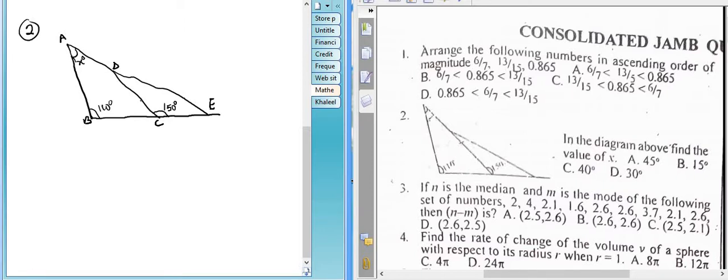So we want to find this one right here. Let's call it y. So y is 180 minus 150. y is exactly equal to 30 degrees.